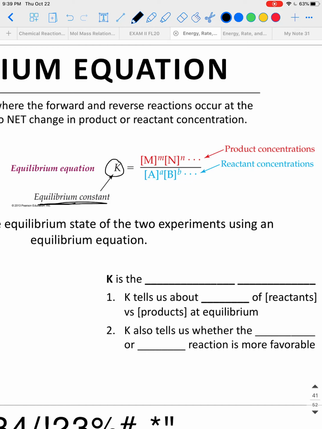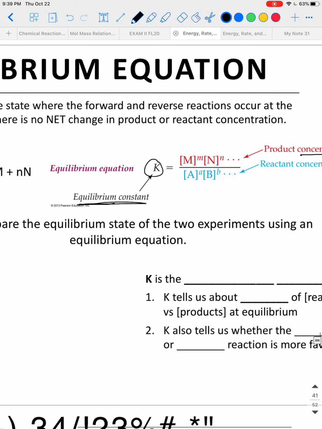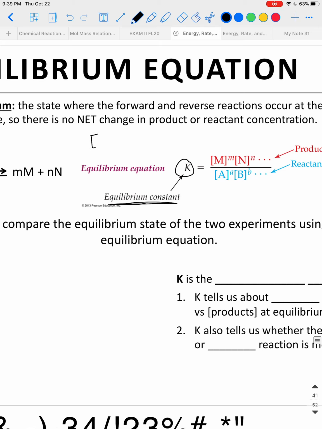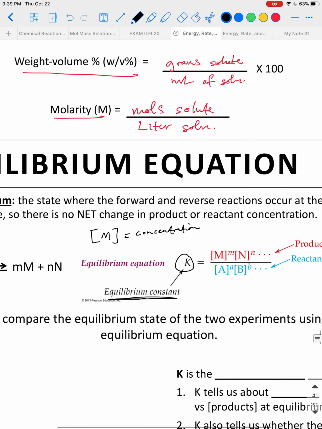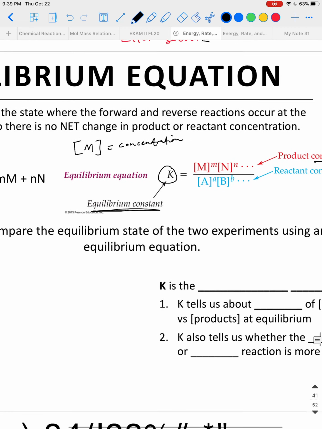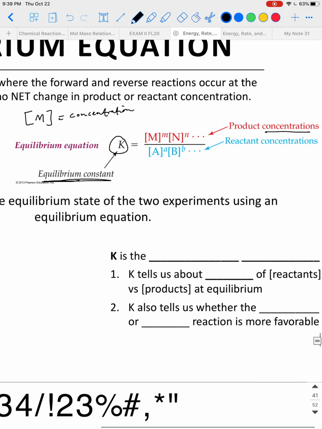You have a numerator and a denominator, and on top we plug in the concentrations of the products, shown in red, so M and N. Brackets denote concentration, and here we are going to use units of molarity. Remember, molarity is moles of solute per liter of solution.